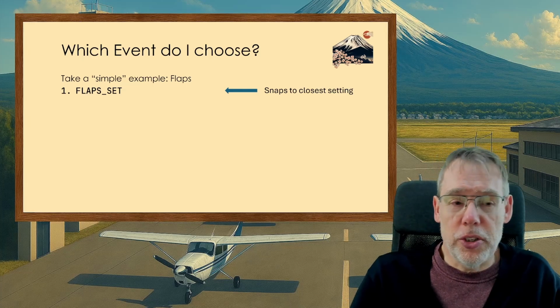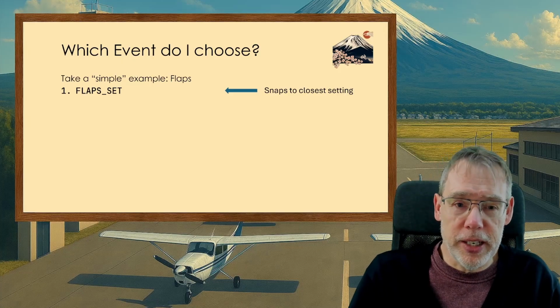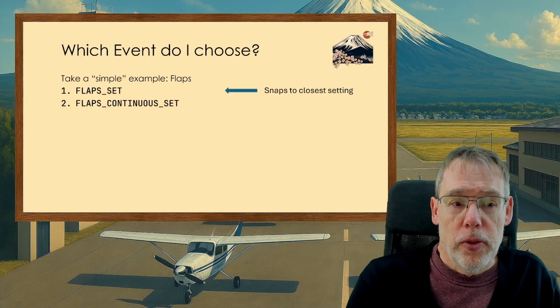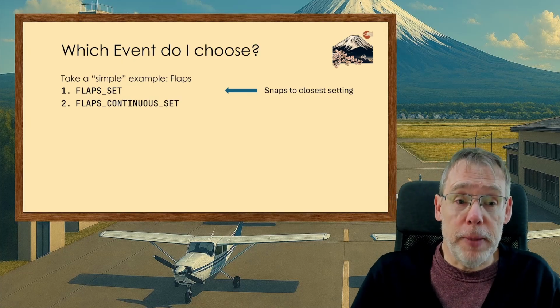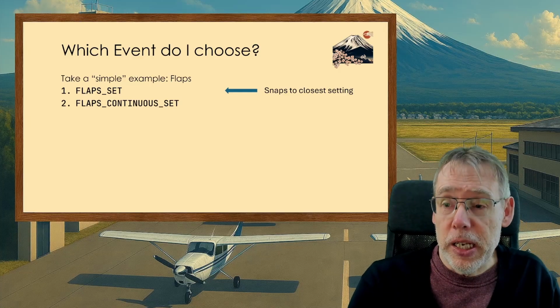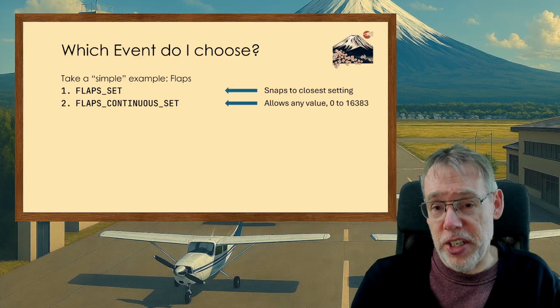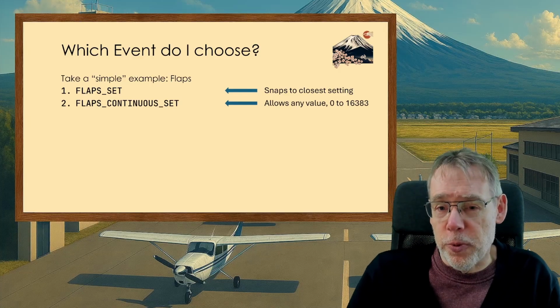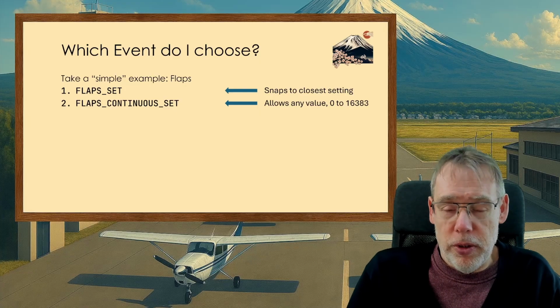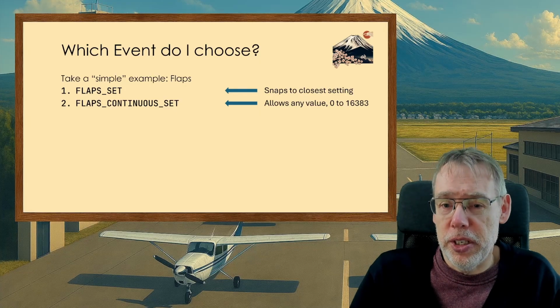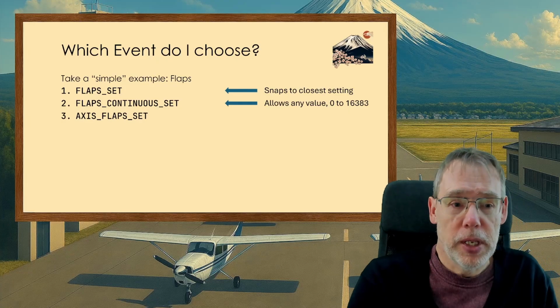So you have to use the SimVar to find out what actually happened with what you did. There is, however, also a flaps continuous set. This will allow any value to be set, but I mean, that's kind of weird, because usually with flaps, you don't have all those different values.